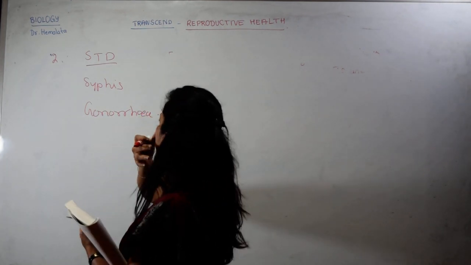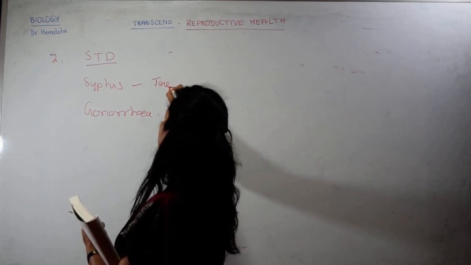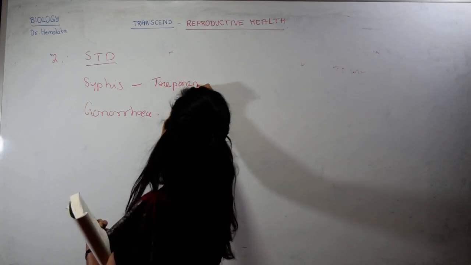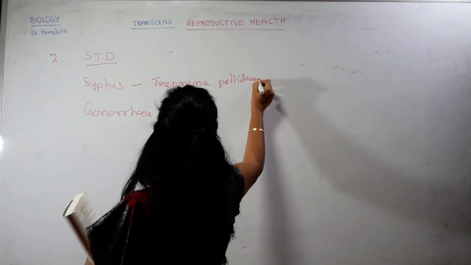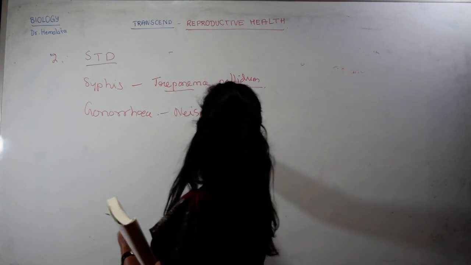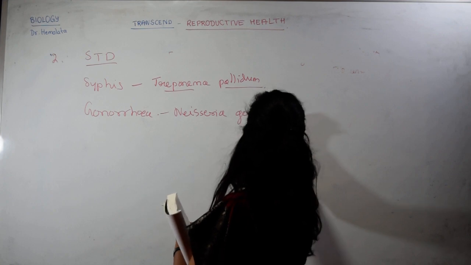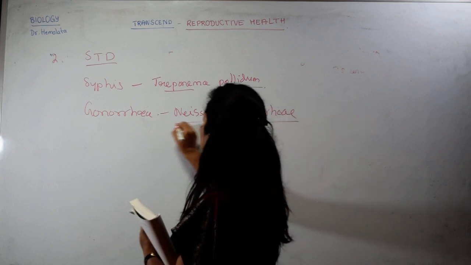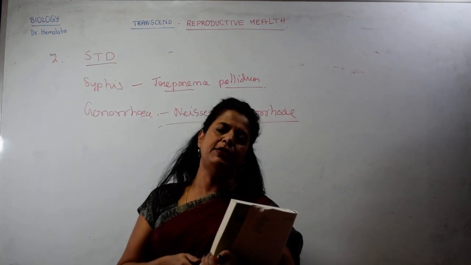You can immediately identify. Syphilis, you already know, the causal organism is the bacterium Treponema pallidum. Then gonorrhea is Neisseria gonorrhoeae. These are the 2 bacteria, and you will come to know that these are the right things to write.